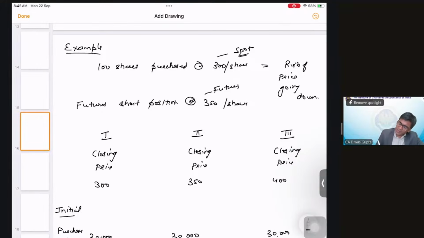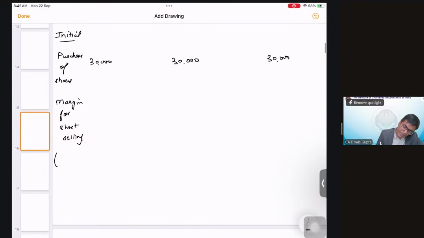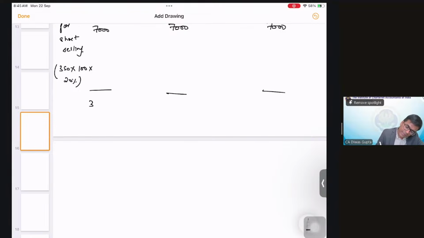So what margin are we assuming? Let's say 20%. 350 is the price of the future, 100 is the lot size, and 20% is the margin. So 7,000 rupees will be the margin cash outflow initially. So in totality, 37,000 rupees will need to be paid.